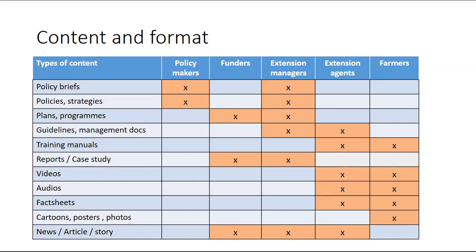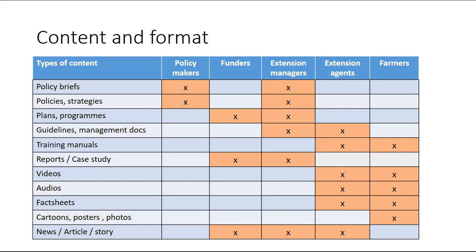If you have an extension strategy or extension policy, if you have any key strategic documents that will be of interest for policymakers, you must put them on your website and share them from time to time with the policy or decision makers audience, so that they can be interested in visiting your website.